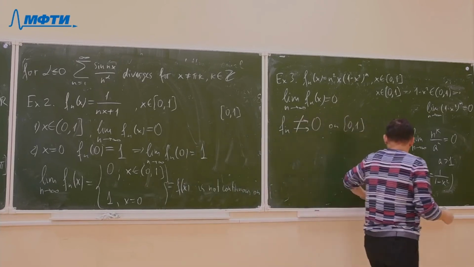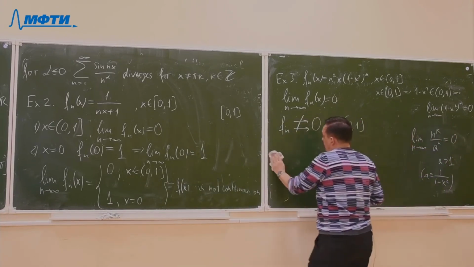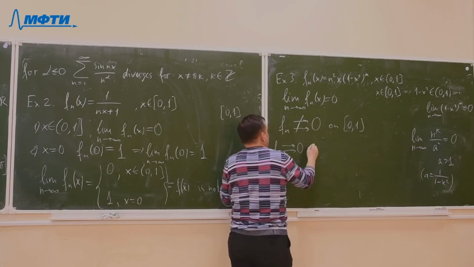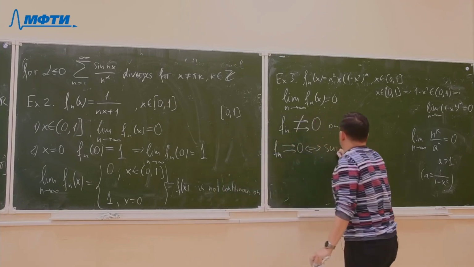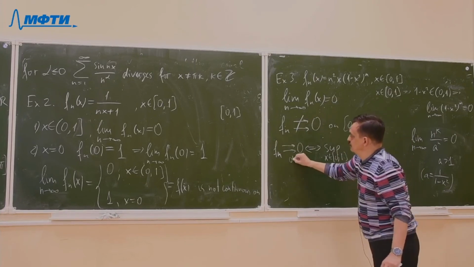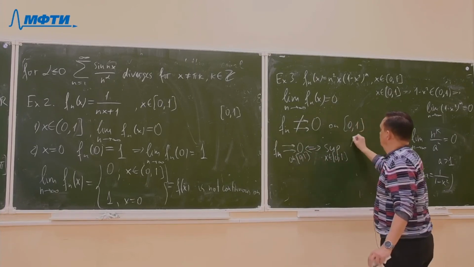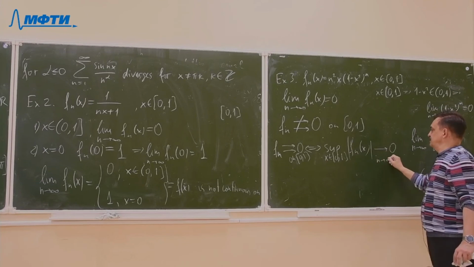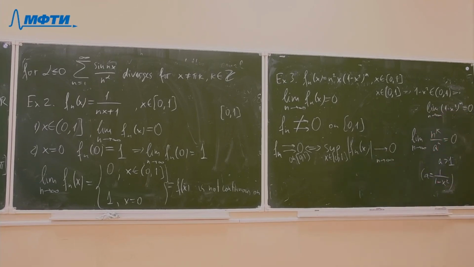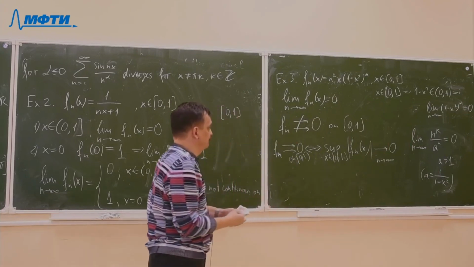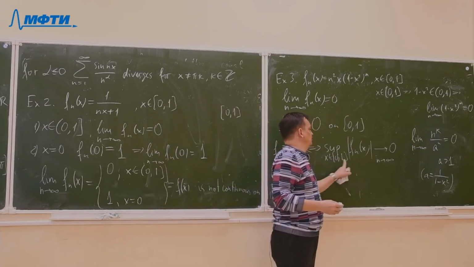Because uniform convergence to 0 is equivalent to the supremum over [0, 1] of f_n of x tending to 0 as n tends to infinity. I mentioned it during the very first section about uniform convergence. So we need to understand what about the supremum.